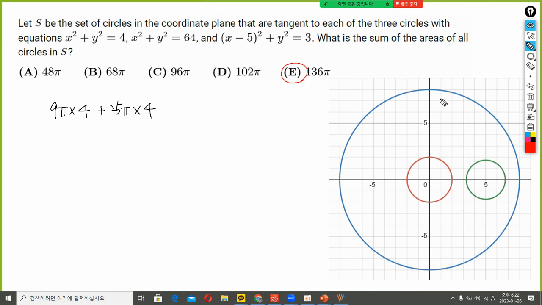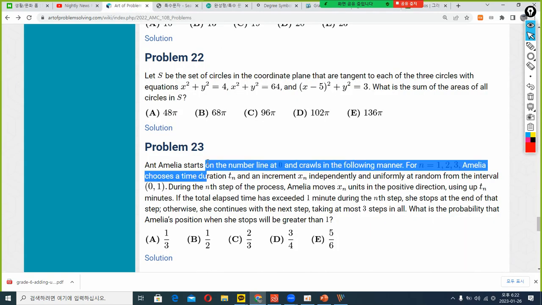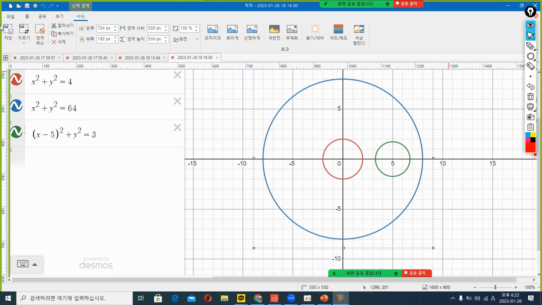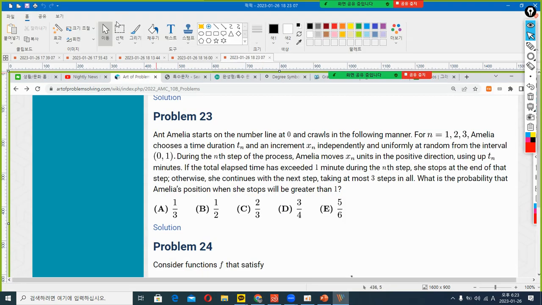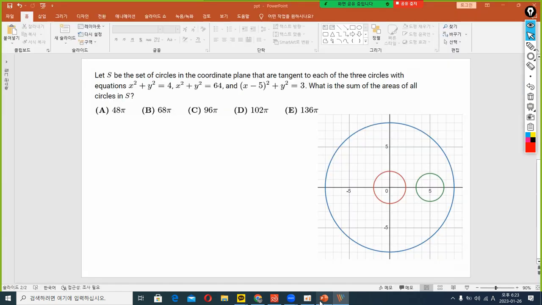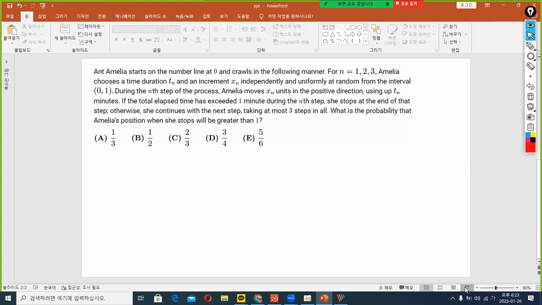Actually, the calculator, yeah, anyway, yeah. Yep, this is number 23.